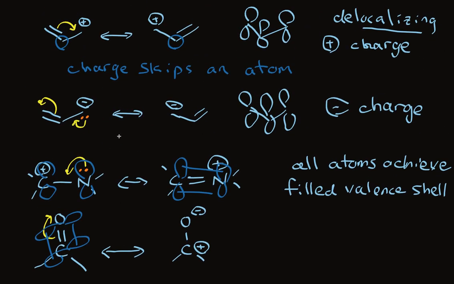Notice that in some cases, writing resonance structures involves lone pairs of electrons donating to create stability by creating an extra charge. In this case, moving a charge from one atom to another, and in this case, moving a charge from one atom to another as well, and creating a pi bond in the process.